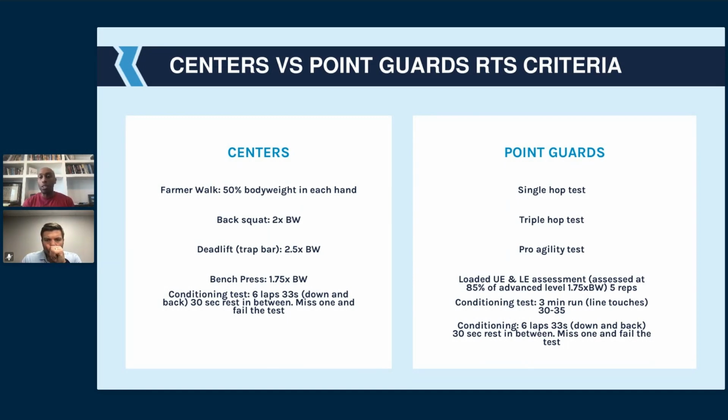And then I still put in the 6 laps for 33 seconds because I do want to see them in short bursts. Can they get up and down the court the way they should be able to if they're pushing the ball or playing in an up-tempo offense? So as you can see, I'm requiring something a little bit different from each position based on the demands.